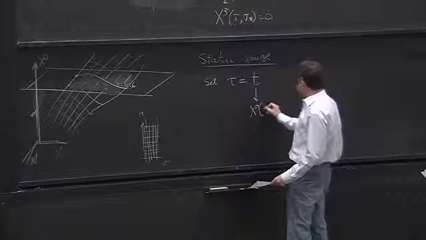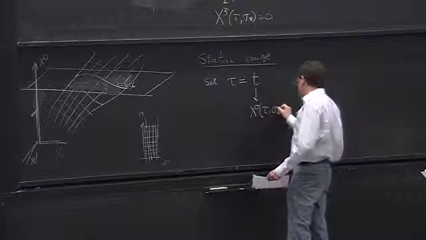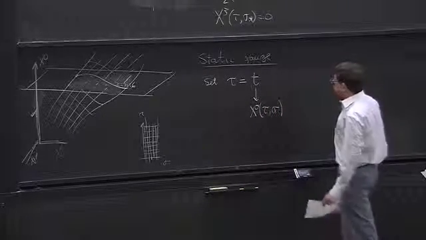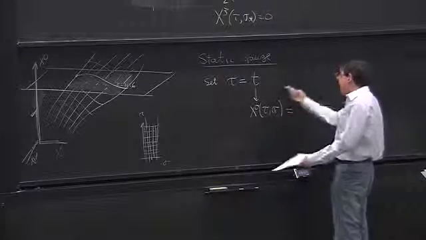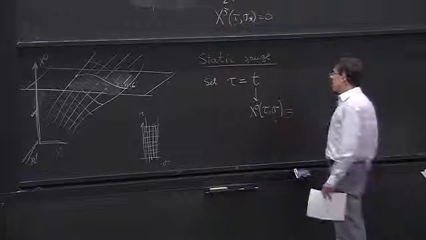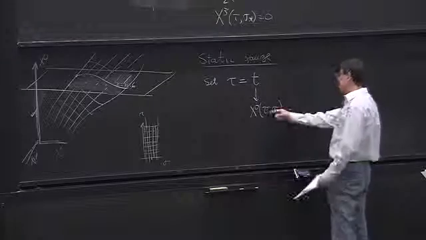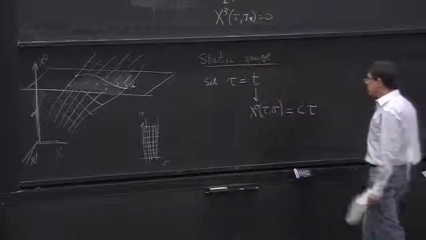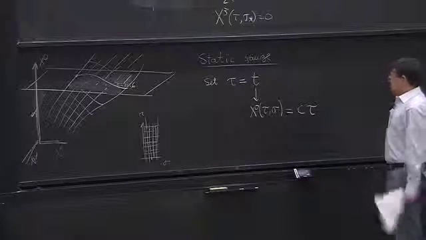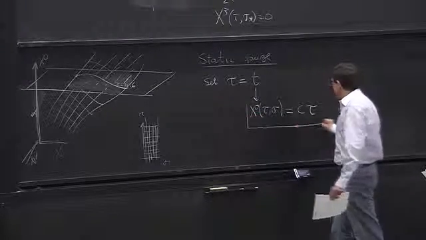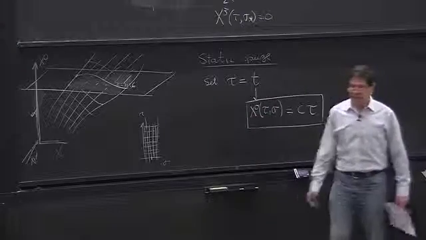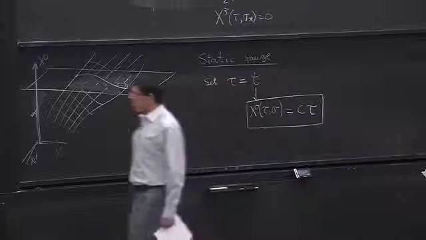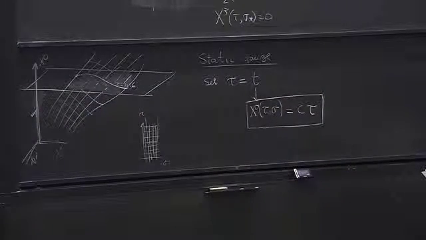So basically x0 of tau and sigma is now going to be just tau. Now there's a factor of c in there because we'll think of tau as units of time, so I'll just say c tau. So this is the so-called static gauge. With this, I fix tau. I've learned how to fix tau using the time. It is the most natural thing you could do.